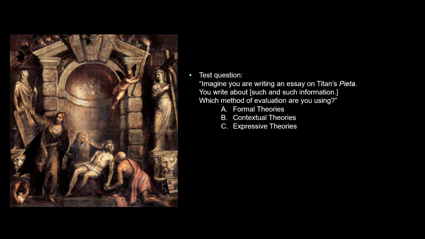Which method of evaluation are you using? And you match the method of evaluation with the information that we learn about it. So, as you take notes, make sure that you categorize them into these 3 different theories and just keep note of what we learn as we apply them.